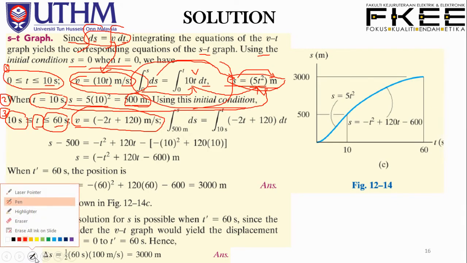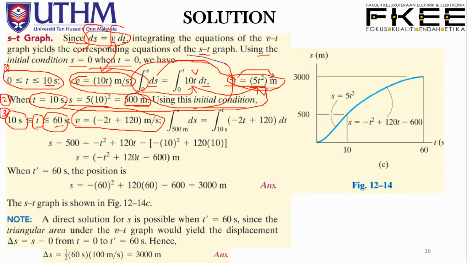Let me change the color. Again, use this relationship, and then we come here. But this time around, we have after 500 meter for the distance, because we know that after t equal to 10 seconds, the car travels up to 500 meter.